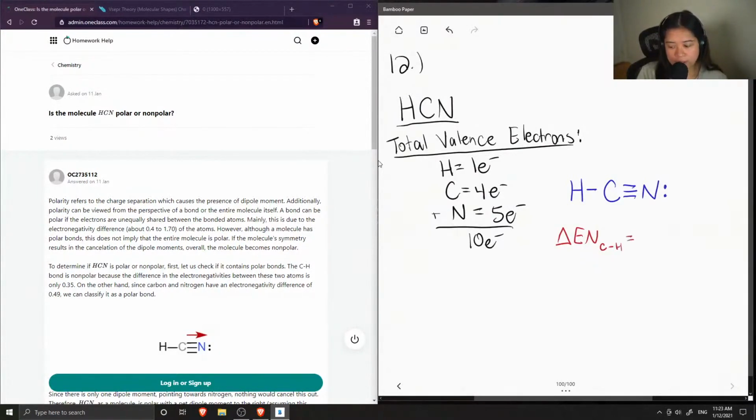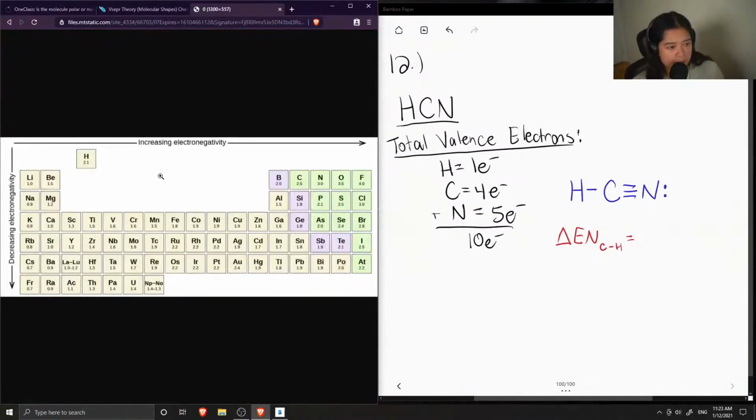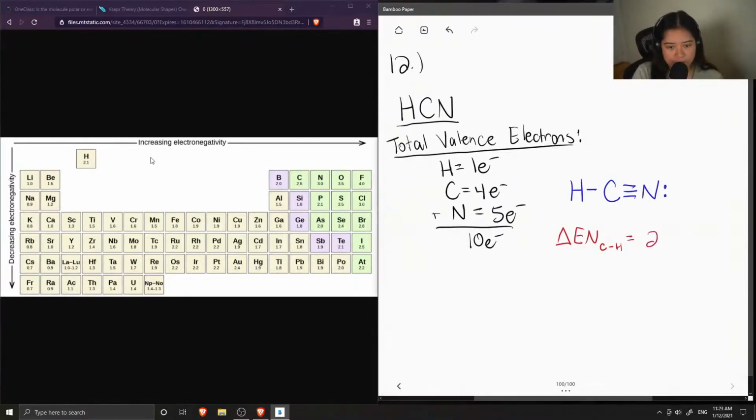So the electronegativity difference between carbon and hydrogen, so these are the different electronegativity values. Carbon is 2.5 and hydrogen is 2.1. So this gives us a difference of 0.4.